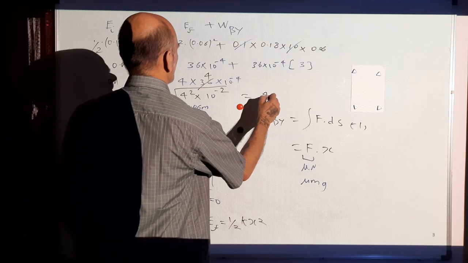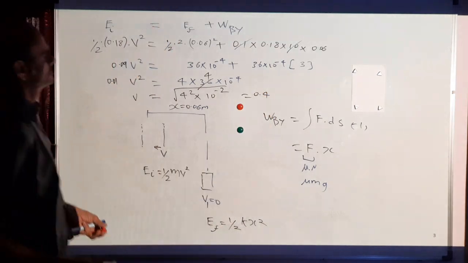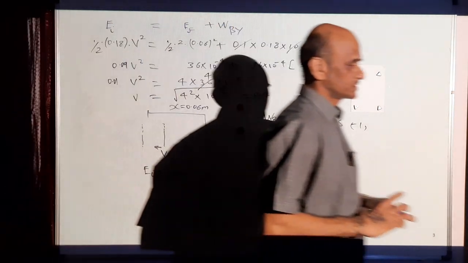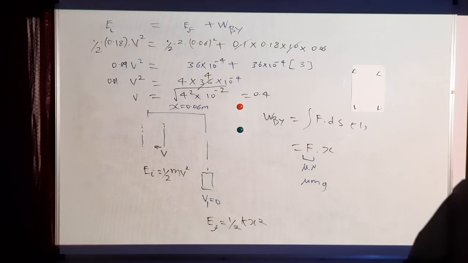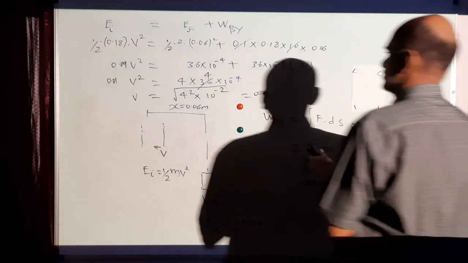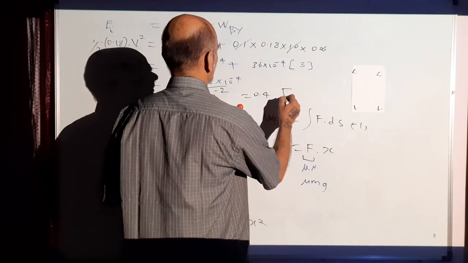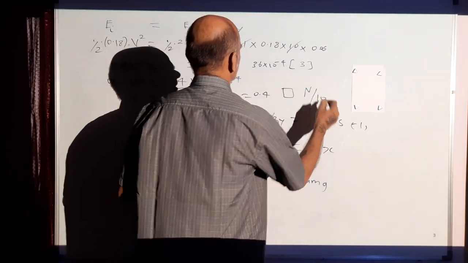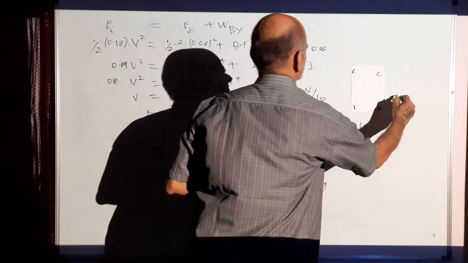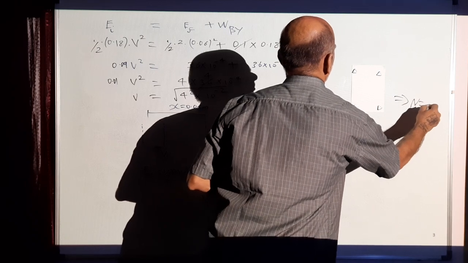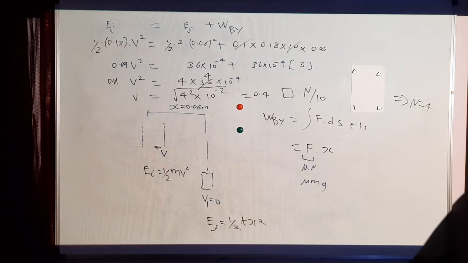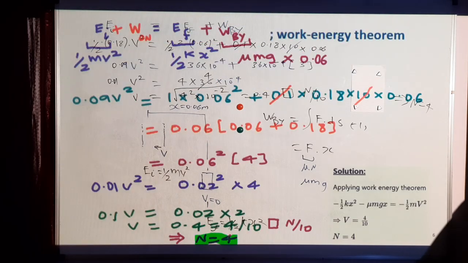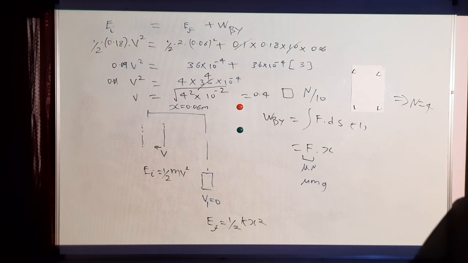So this is 0.4. So what they have given in the question is velocity is n by 10. So this we have to compare with n by 10. That means n is 4. Four is the correct answer.